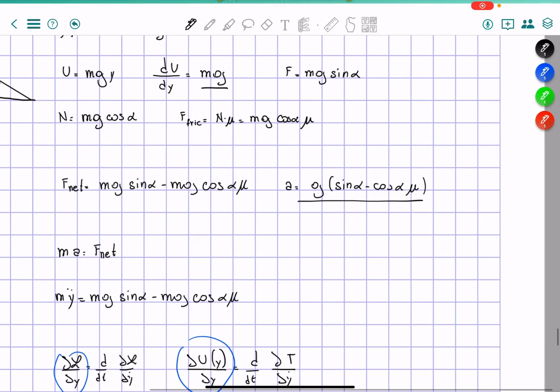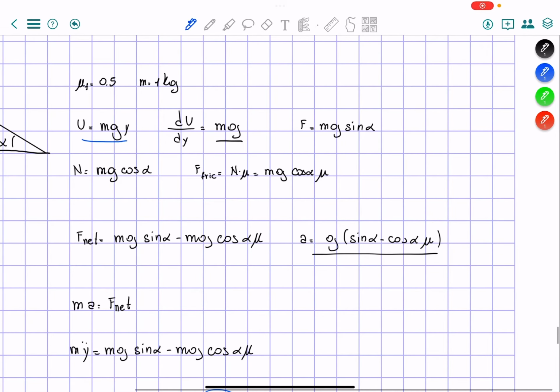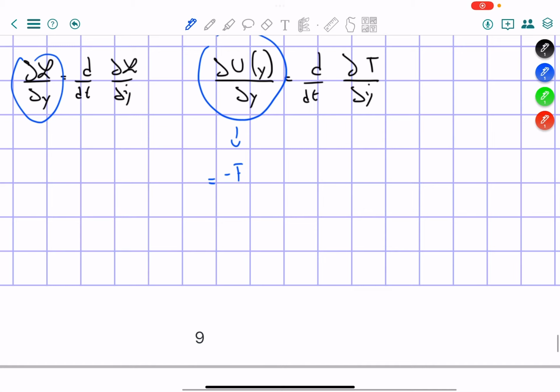We proved this right here: mgy, and if we differentiate it, we get the force. This is equal to d over dt of m y dot. So negative F is equal to m y double dot.